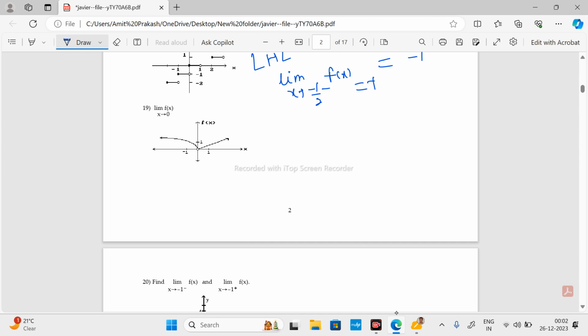We have seen that the graph has a breaking point at x equals to 0, so limit does not exist at x equals to 0 unless the sides agree. For x greater than 0, the equation of f(x) equals x, and for x less than 0, f(x) equals minus square root x.